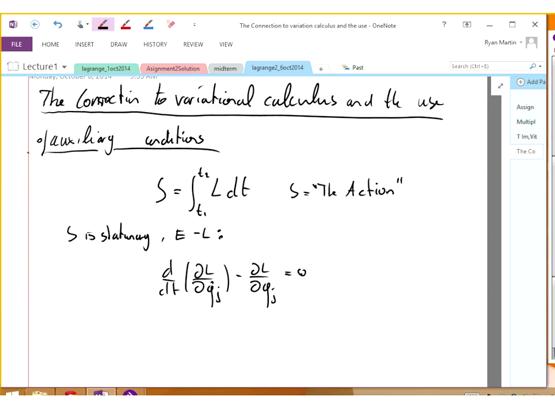Now, when we did variational calculus, we found that we could somewhat relax that requirement that the qj be independent with the use of auxiliary conditions. Remember, we had a set of coordinates and then a set of auxiliary conditions or constraints between the coordinates, and maybe in some cases it doesn't make sense to remove one coordinate in favor of the others.